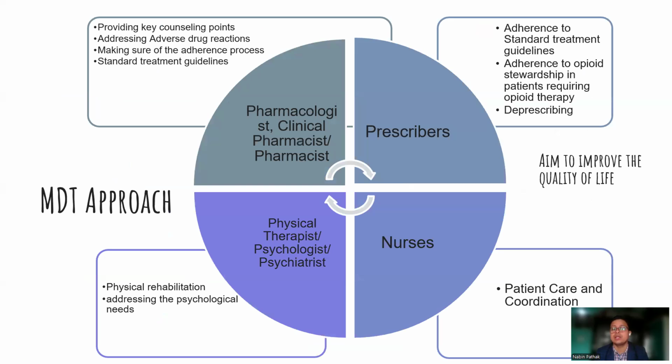So, when it comes to the multidisciplinary team approach, there is a collective need of prescribers, pharmacologists, clinical pharmacists, nurses, physical therapists, psychologists, and psychiatrists. Prescribers can be involved in identifying whether the treatment is adhering to standard treatment guidelines, adherence to opioid stewardship in patients requiring opioid therapy, and to the concept of deprescribing.